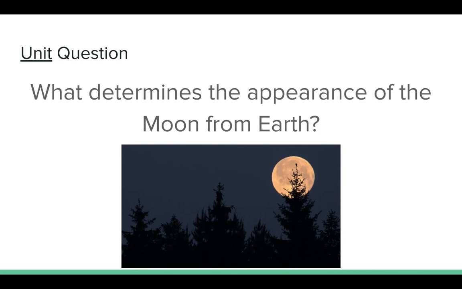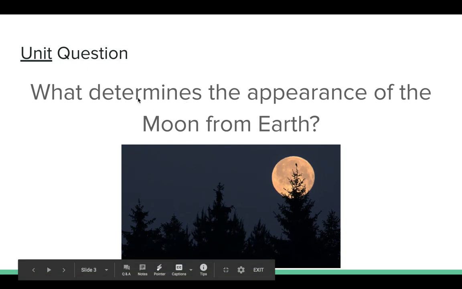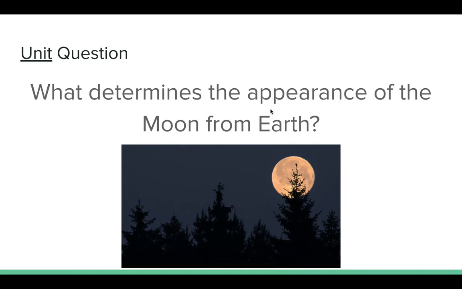I found this image because it was taken from Earth looking at the moon. So what this question is asking is, what has an impact, or what can change the way that the moon looks from Earth? Appearance is how you're looking.